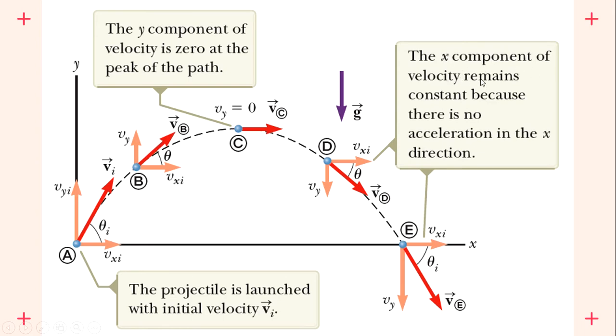The x component velocity remains constant because there is no acceleration in the x direction. So we assume that the particle at the same level has the same speed. When the particle reaches this level, let's say from A to E, the particle at point A and point E has the same speed, and from that point downwards it behaves like a free-falling object.